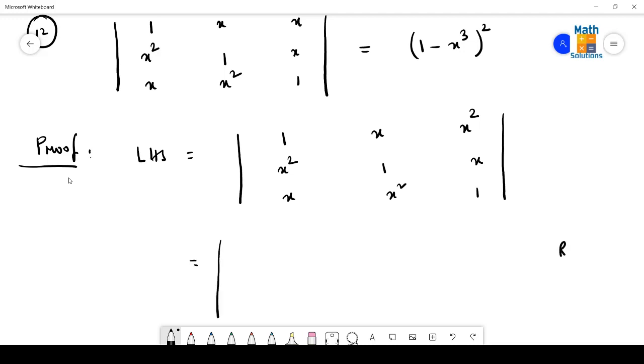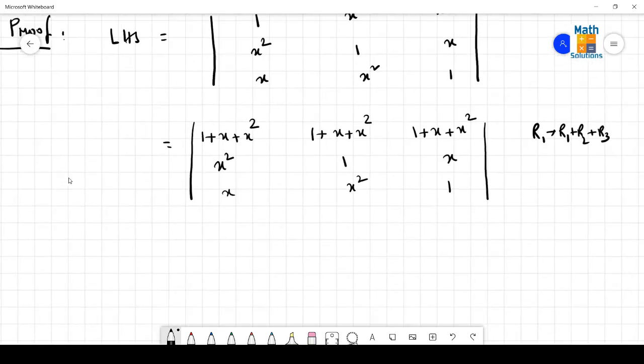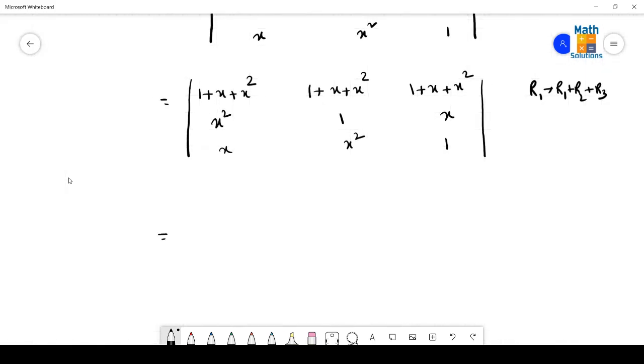If I replace R1 by R1 plus R2 plus R3, then we shall get 1 plus x square, similarly 1 plus x square, similarly 1 plus x square. Then the remaining rows will remain as it is. So from the very first row we can take common 1 plus x square.